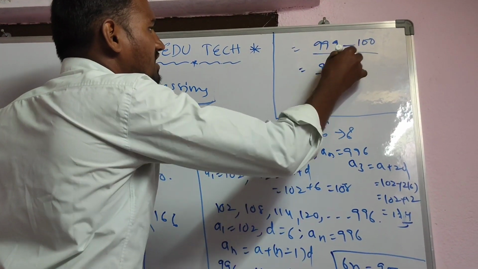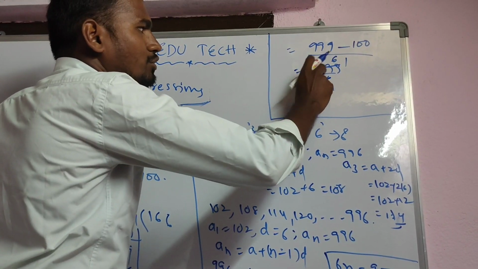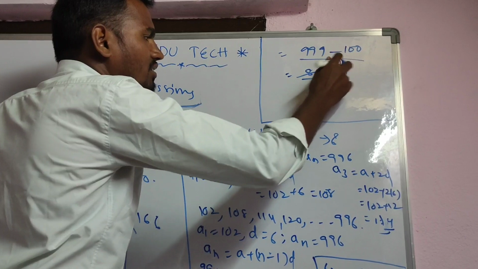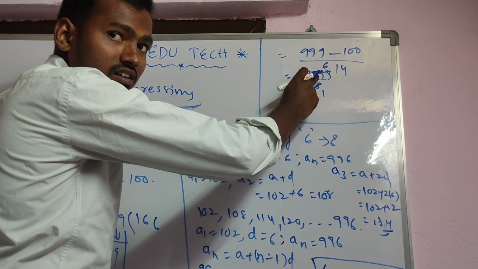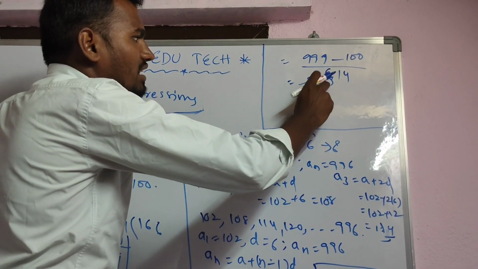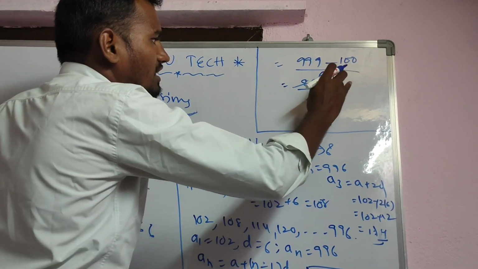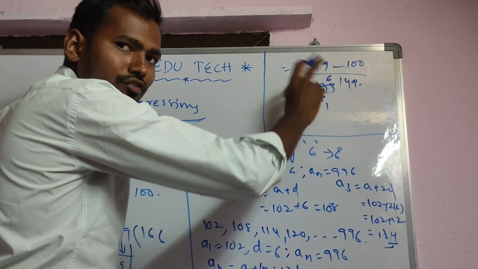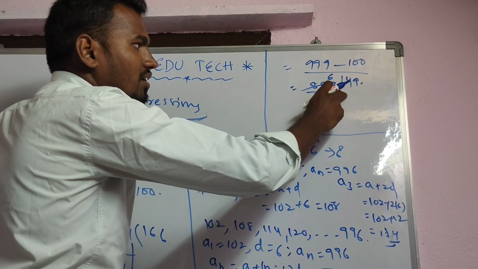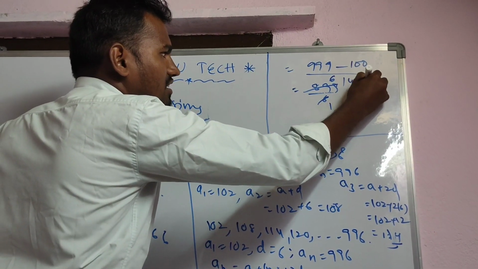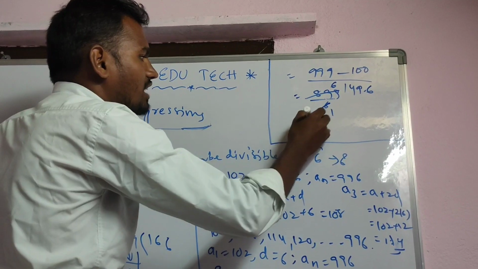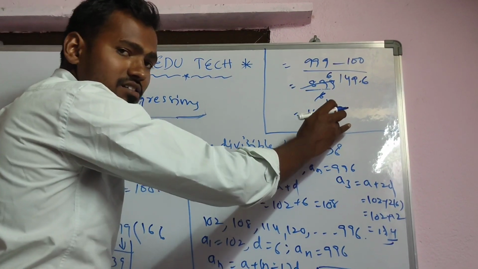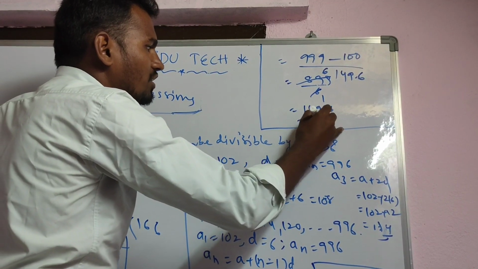Cut it, 6 on the 6, remaining 2, 29, 6 fours are 24, remaining 5. 59, 6 eights are 48, 6 nines are 54, remaining 4, 40, then 6 sixes are 36, and you write 149.6. 149.6 is nothing but 150 only.